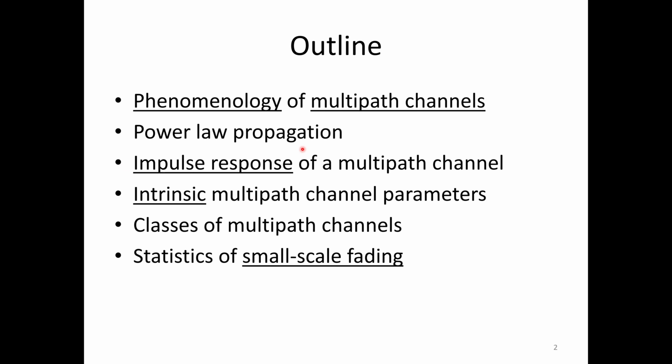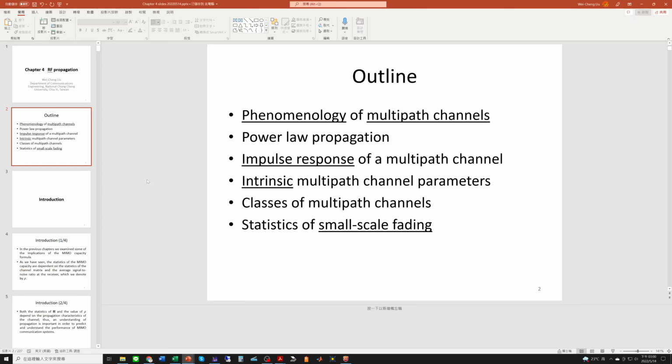But I know some of you did not take those courses, so let me introduce what the impulse response is. If you have learned it, you can treat it as a review.